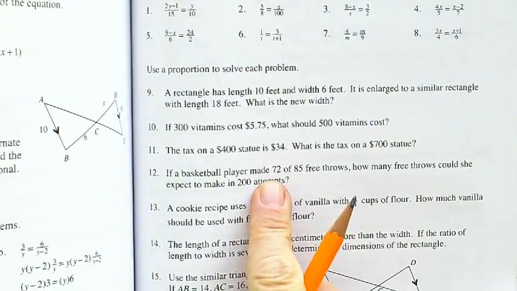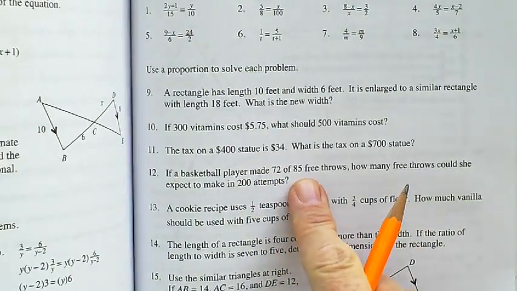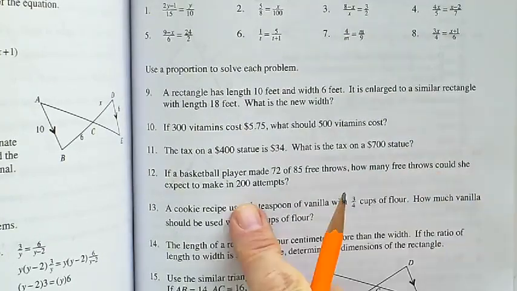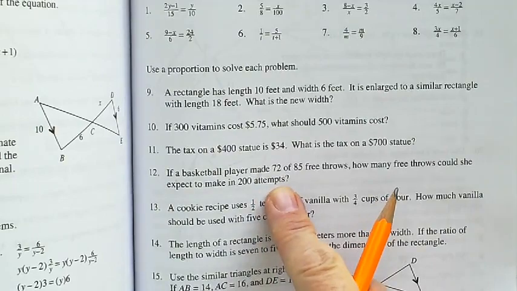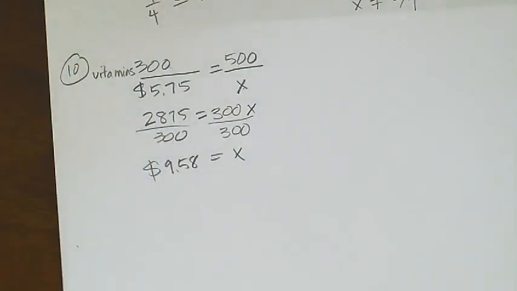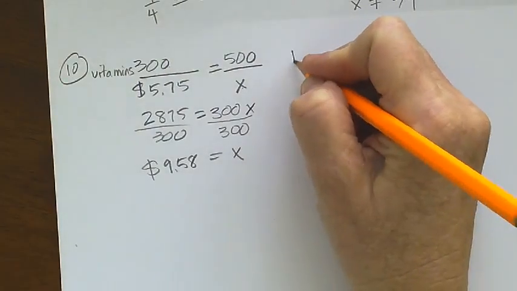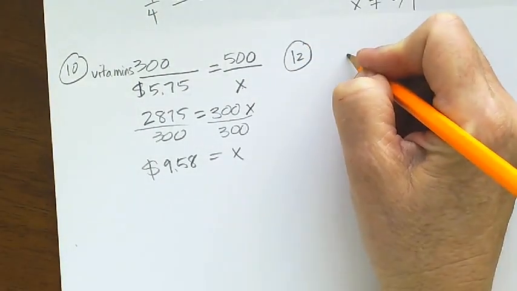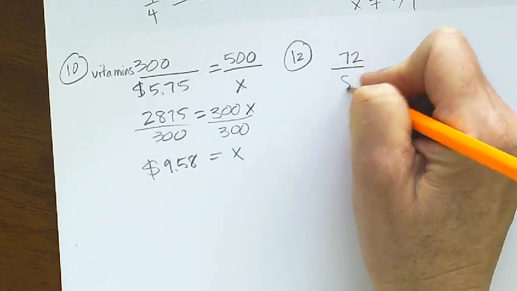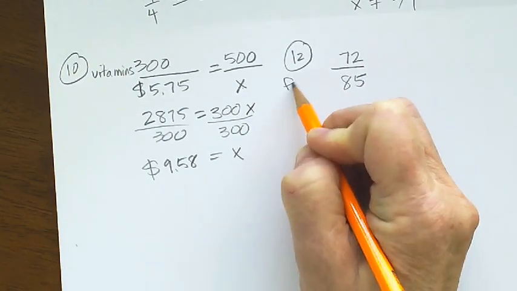Okay, number 12, if a basketball player made 72 of 85 free throws, how many free throws could she expect to make in 200 attempts? So the player made 72 out of 85 free throws.